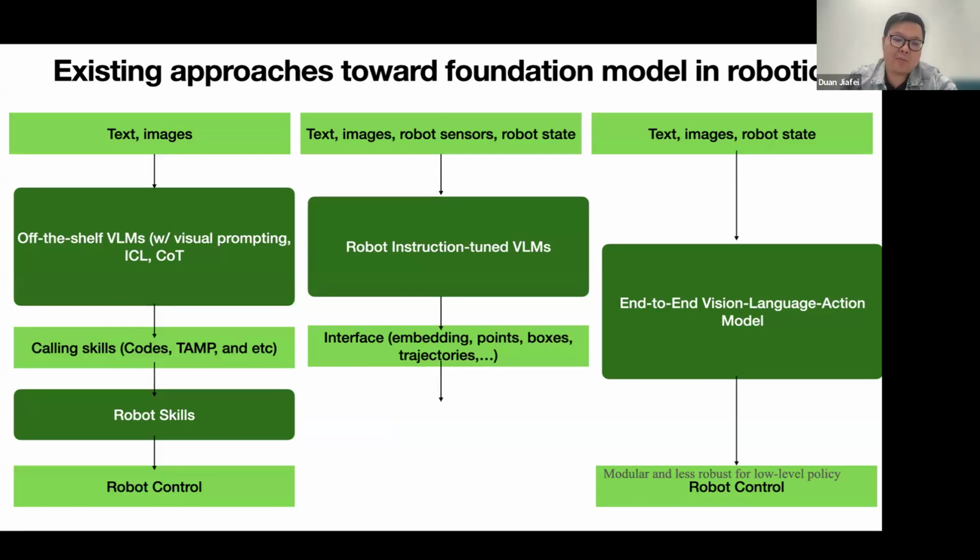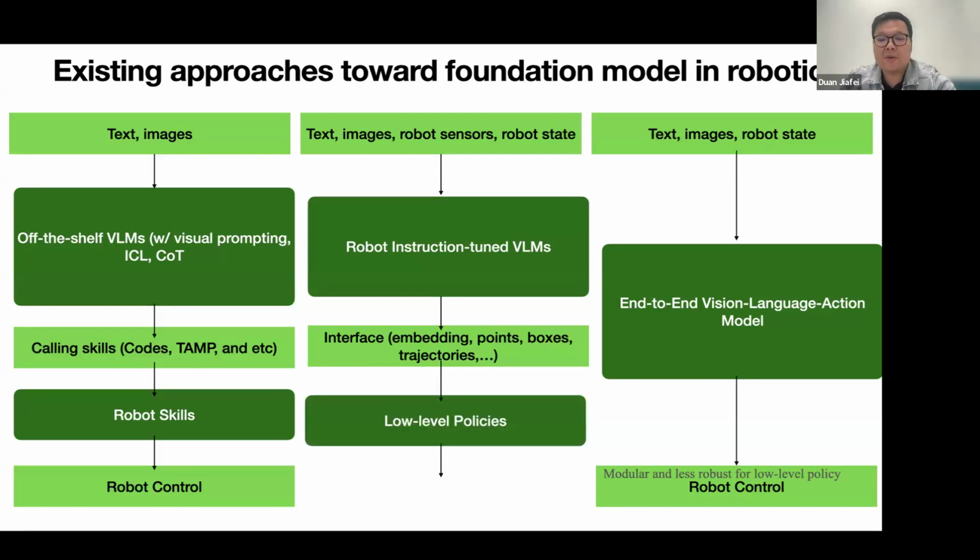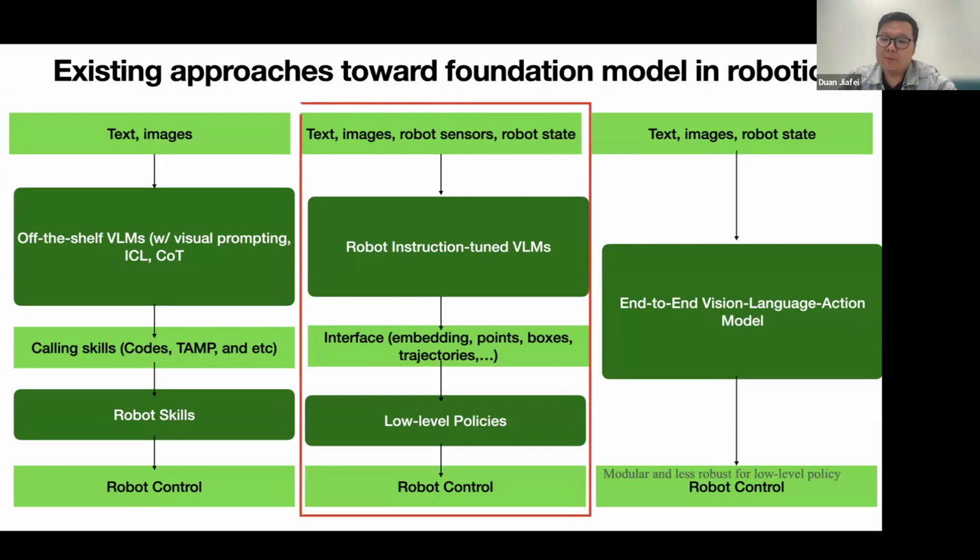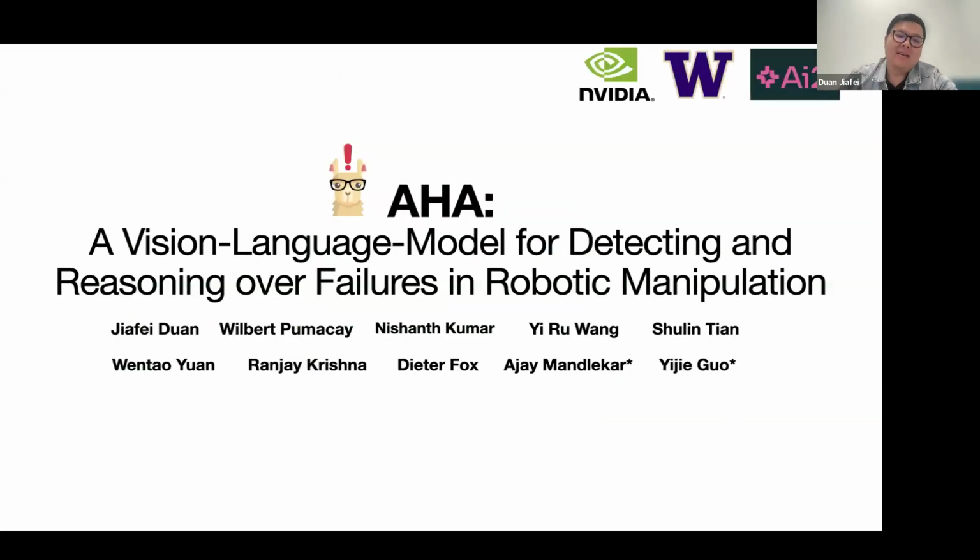So these are special representations, and then using those representations, we can directly control the low-level policy, and thereby affect the robot control itself. So I think this is what we are trying to propose. And in the subsequent work that I'm going to present today, I'm going to try to cover some of the work that focuses on this area.